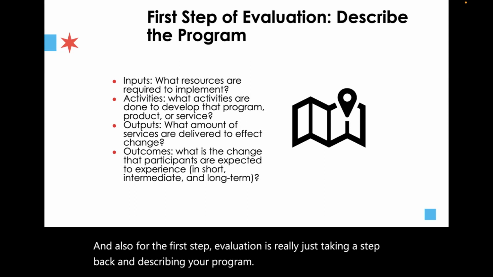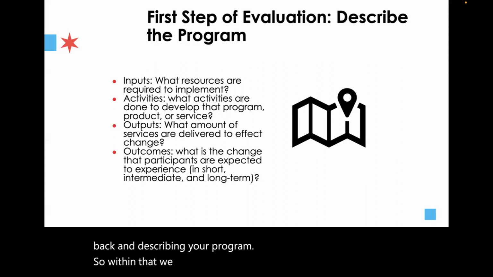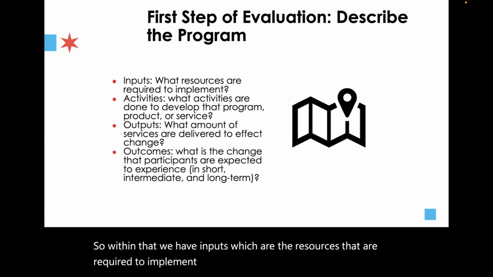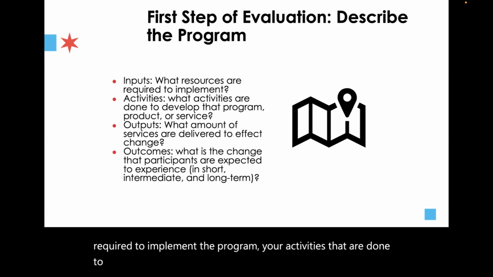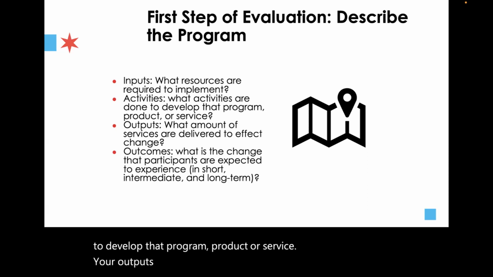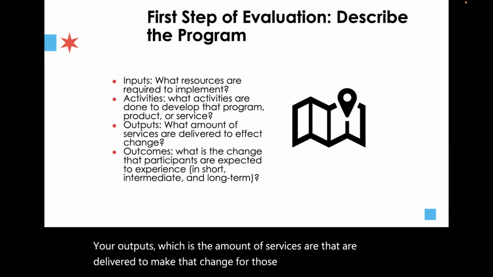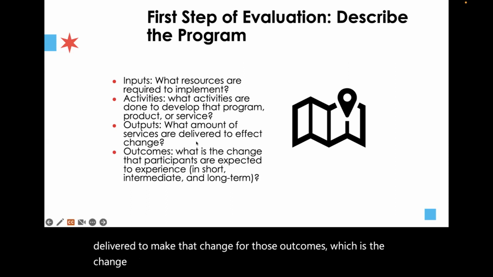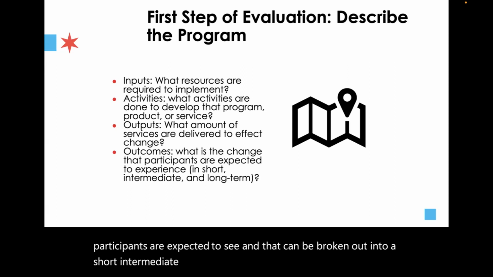So within that, we have inputs, which are the resources that are required to implement the program; your activities that are done to develop that program, product, or service; your outputs, which is the amount of services that are delivered to make that change; and outcomes, which is the change the participants are expected to see. And that can be broken out into short, intermediate, and long terms.